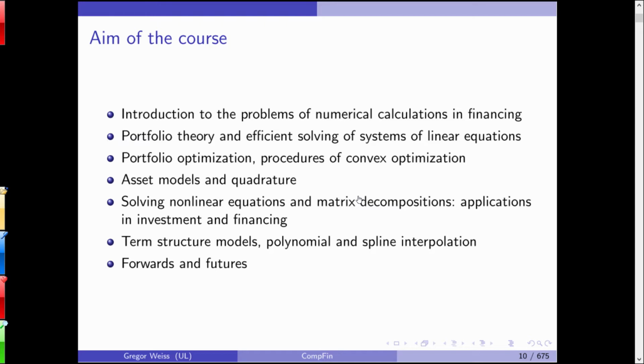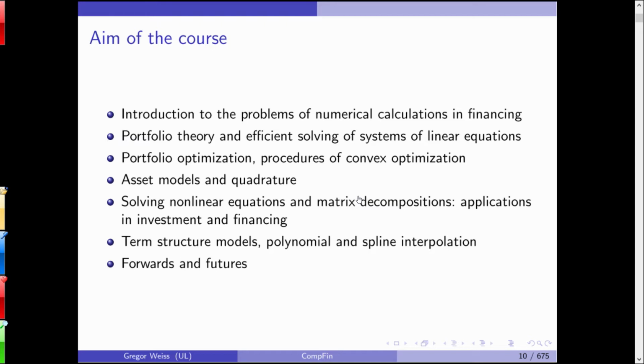And this is reflected in the many parts of the lecture, in which we first talk about the financial and economic side of this theory. For example, we'll talk about portfolio theory by Markowitz and the capital asset pricing model, and then we'll talk a little bit about how to optimize a function, and then we'll try to do portfolio optimization.